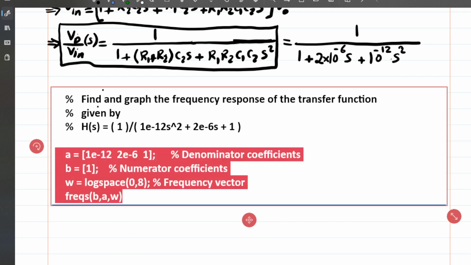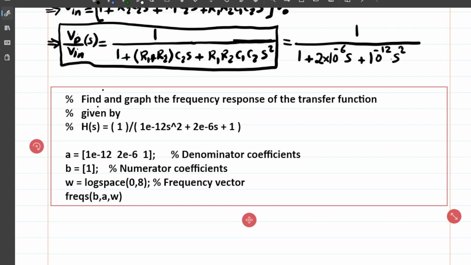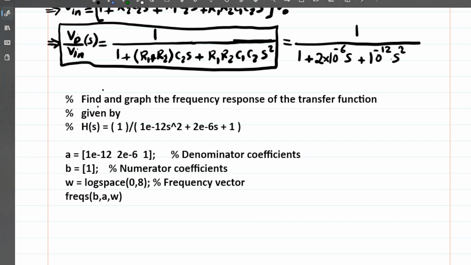I'm going to show the resulting frequency response here. Just bear with me for a sec. There you go. This is the resulting frequency response.